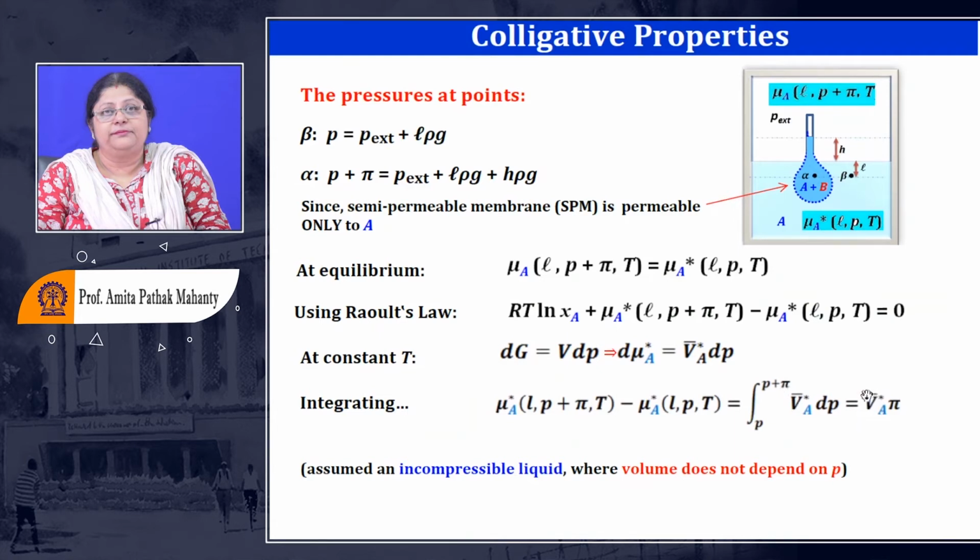So I have the partial molar quantity of the species A in the pure state into pi. And what we have just now evaluated, this part is nothing but equal to this one.